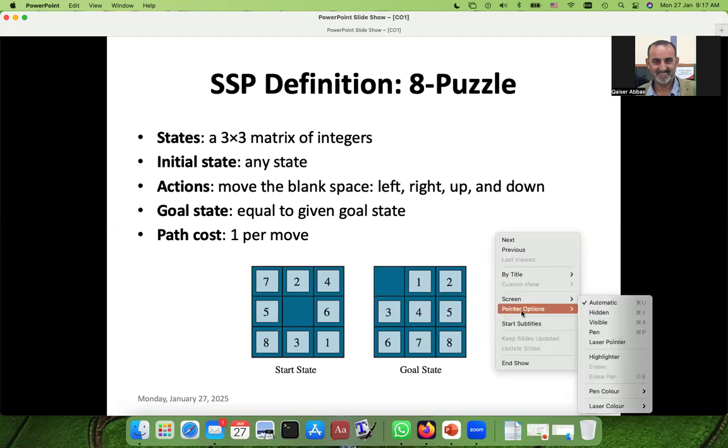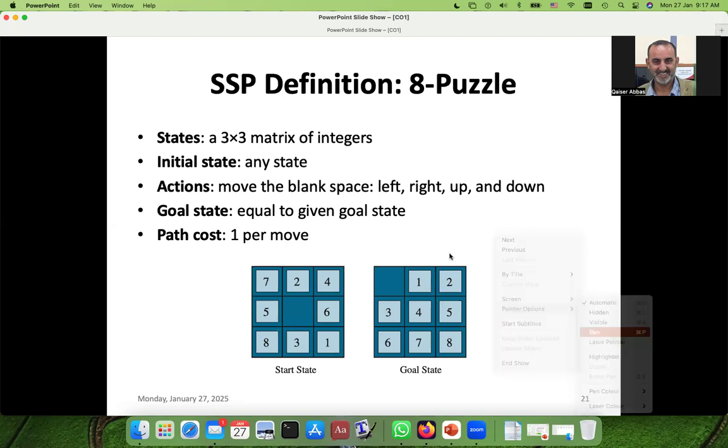So a 3 cross 3, 3 rows and 3 columns matrix of integers. This is a 3 cross 3 and it is one picture.